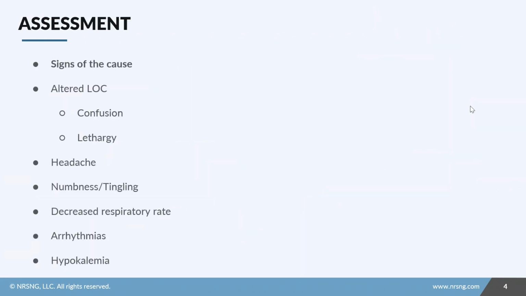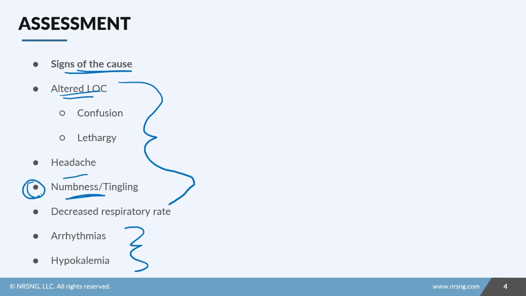So just use your critical thinking skills to figure out which direction you're coming from. Again, the signs of the cause are going to be the first thing you see, then signs of the alkalosis, and then signs of the hypokalemia. So signs of the alkalosis in this case, again, altered level of consciousness. Remember, your brain is very sensitive to pH changes. Headache, numbness and tingling.